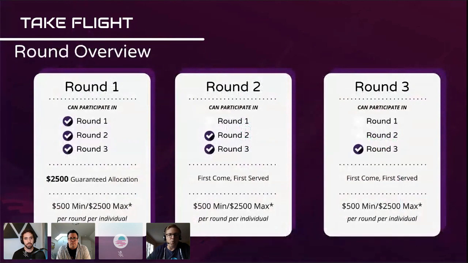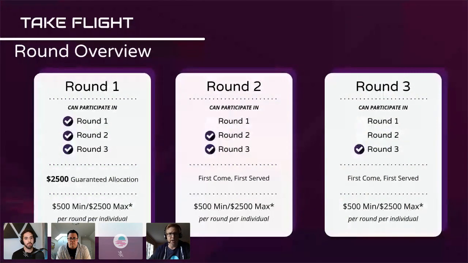One thing that's important to note is that in each round, per person, the minimum contribution is 500 USD, and the maximum is 2,500 USD. But if you're in round one, you can also participate in round two and round three, and similarly, if you're in round two, you can participate in round three as well.